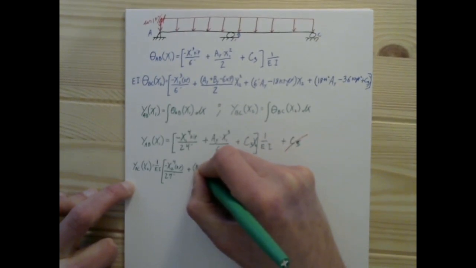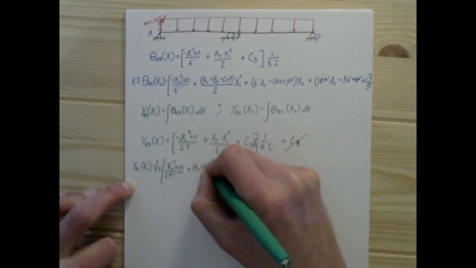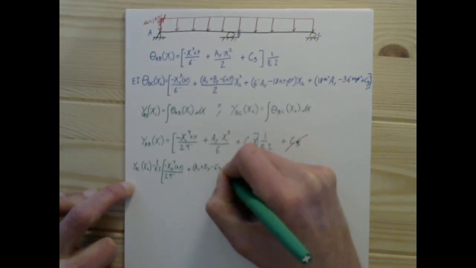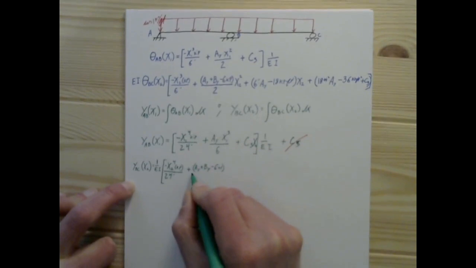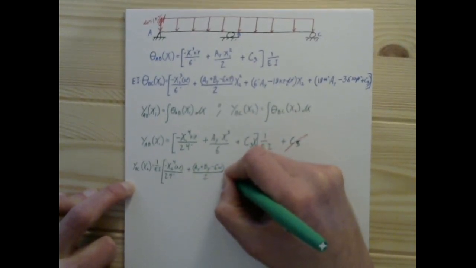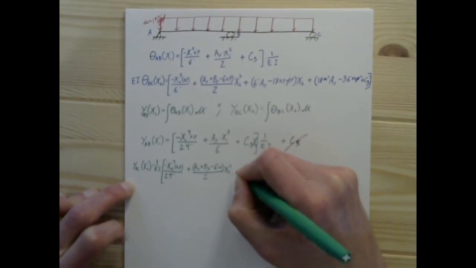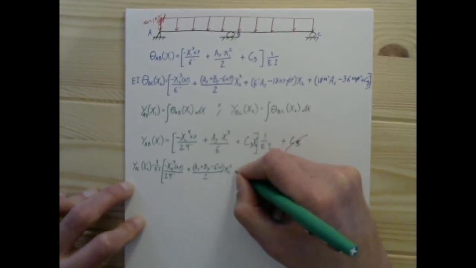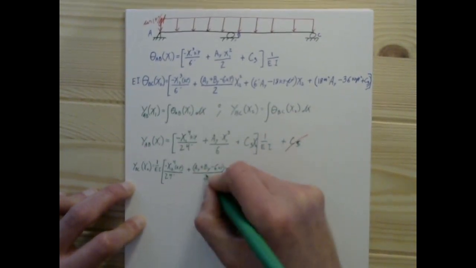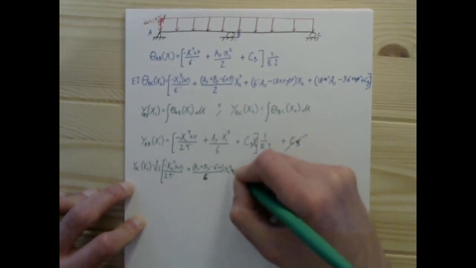Plus this term, AY plus BY minus 6 kips, divided by 2, x2 squared. Sorry, that's cubed, and this is divided by 6. What am I doing? I'm just copying these things down.